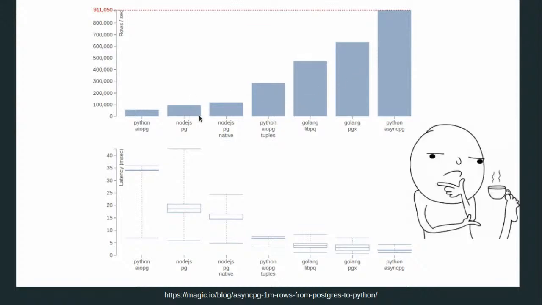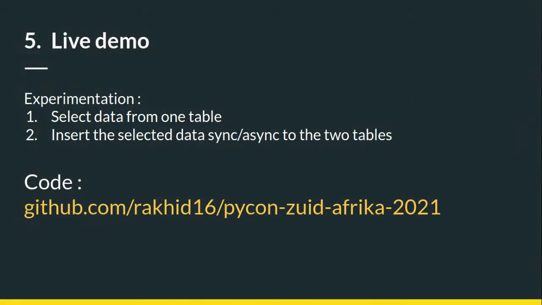But someone told me that you have to be skeptical about benchmarks, and you have to run the benchmark on your own. I think that is more just. Yeah. So let's move into the live demo.